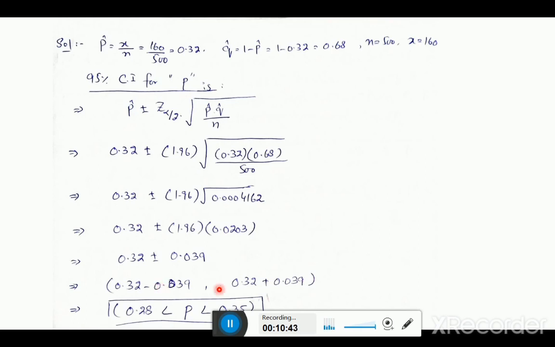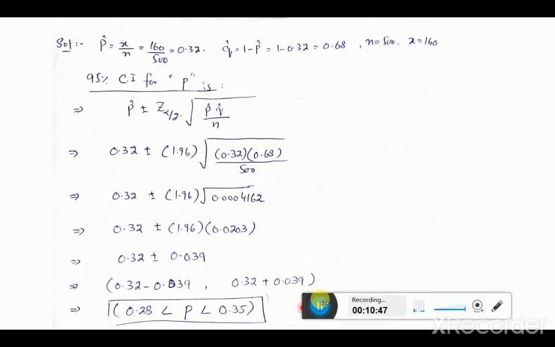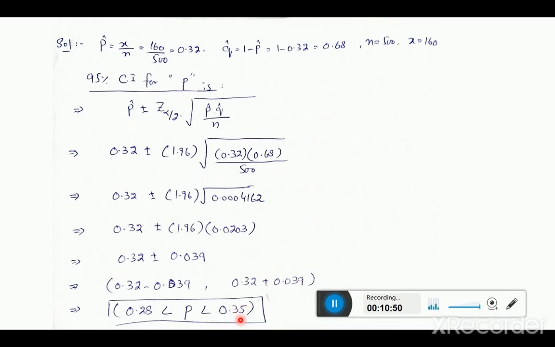Again the same logic: two digits and two operators, one minus and one plus. Once you subtract, you will get 0.28, and once you add, you will get 0.35. It means the true proportion of people who will prefer seafood in the overall population will be 28% up to 35%.